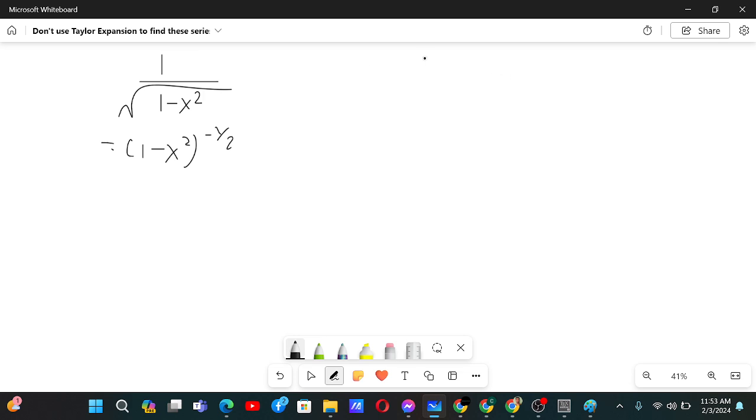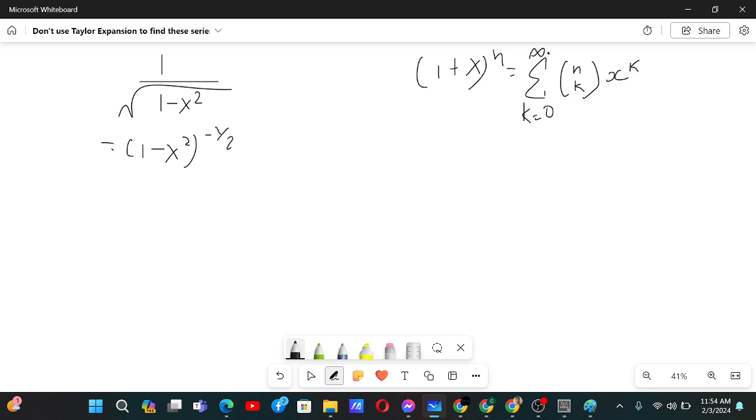The binomial expansion for (1 plus x) to the power n is the sum from k equals 0 to infinity of n choose k, x to the power k.